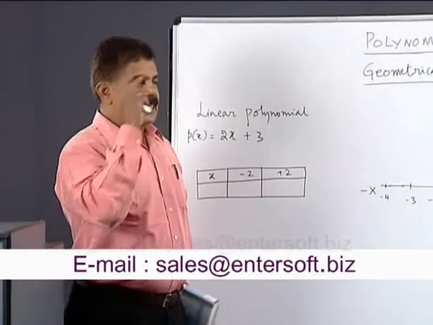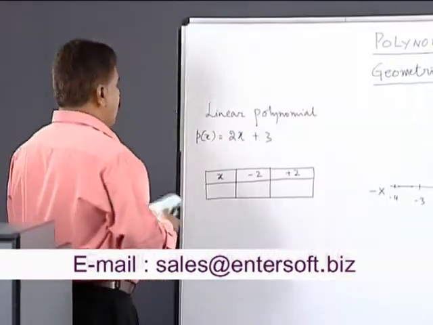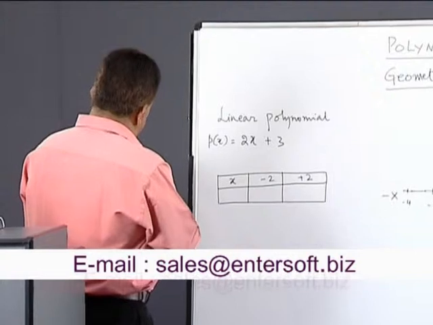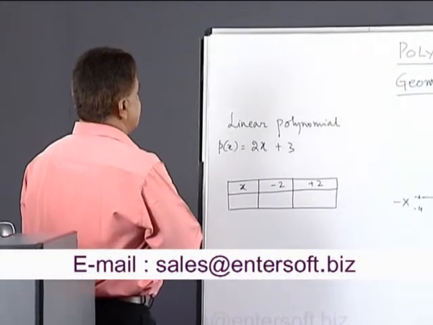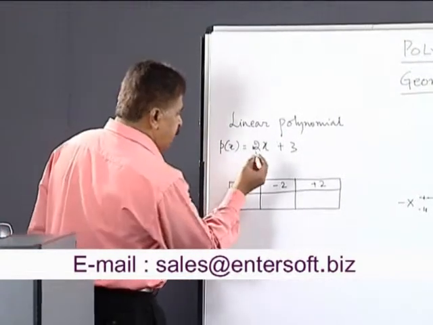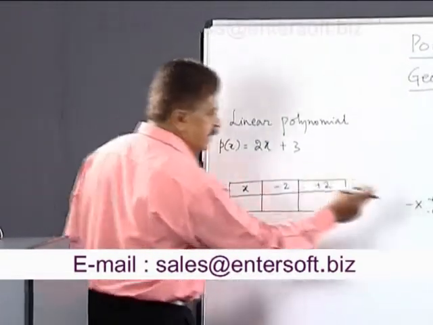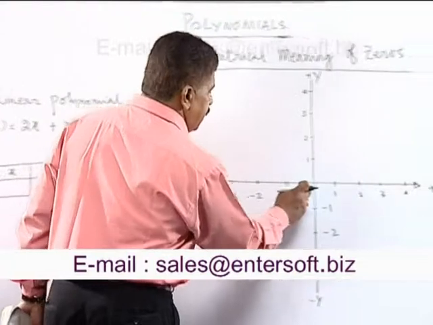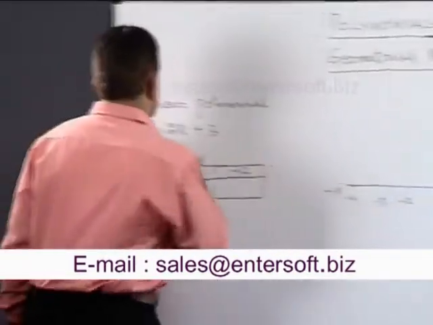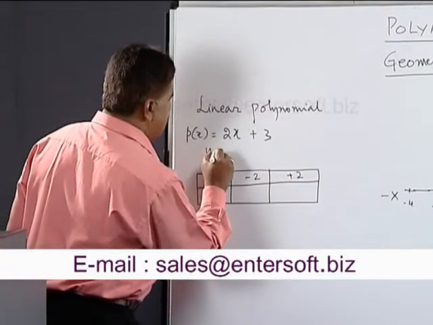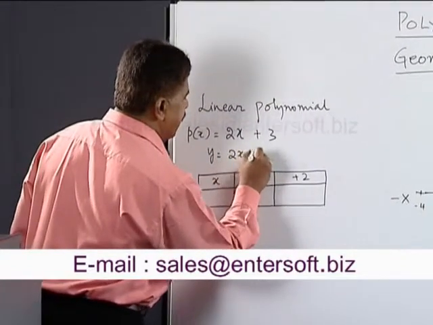Now let us take one example and try to understand it a little more clearly. The given polynomial is a linear polynomial, Px is equal to 2x plus 3. Now I should fix different values for this. As you can see in a graph sheet, you need a particular value of y for a particular value of x. So let me call this y is equal to 2x plus 3.